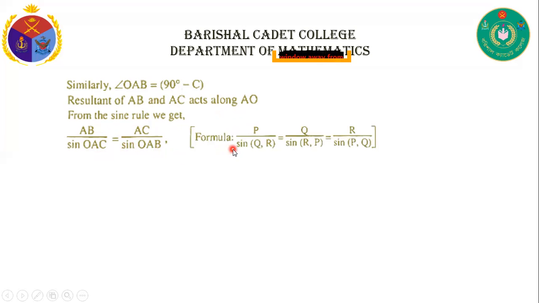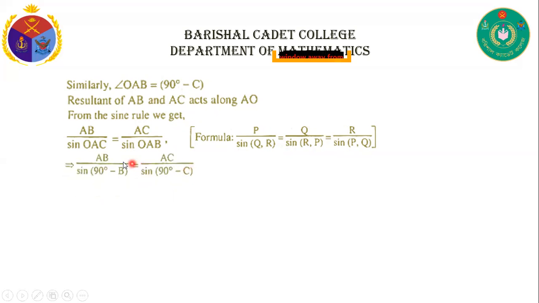From the sine rule of a triangle, we have the force divided by the sine of the angle between the other two forces: P divided by sine of the angle between Q and R, Q divided by sine of the angle between R and P, equal to R divided by sine of the angle between P and Q. That is, the ratio of each force divided by the sine of the angle between the other two.